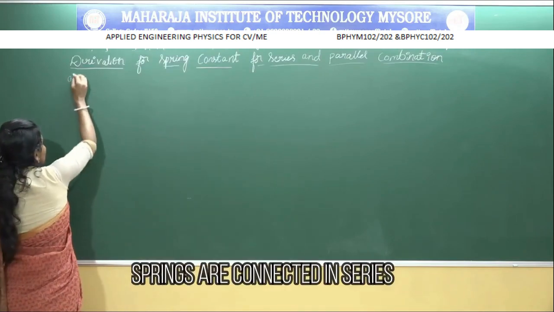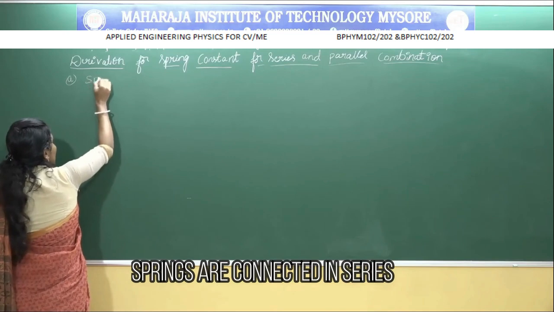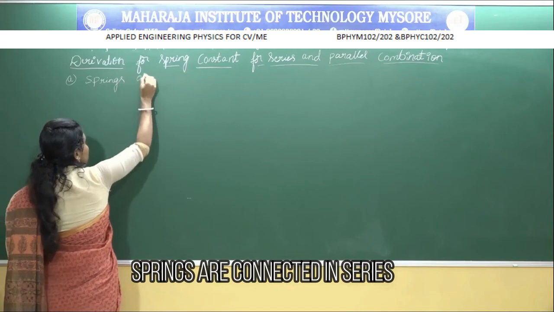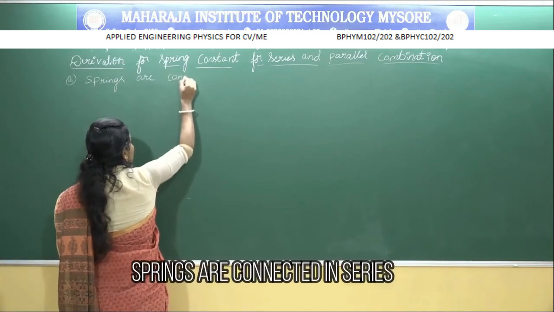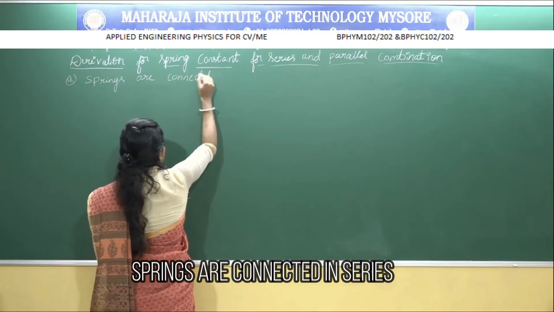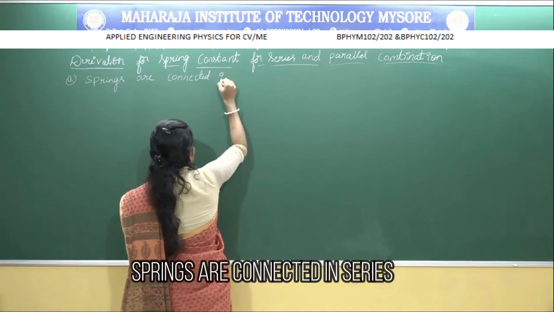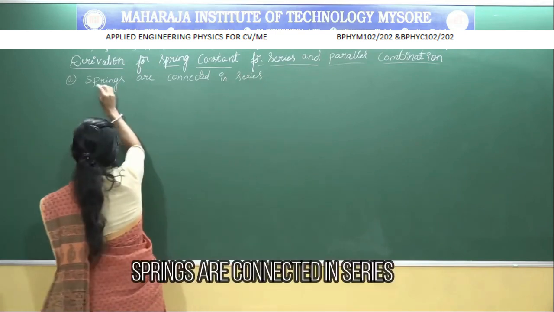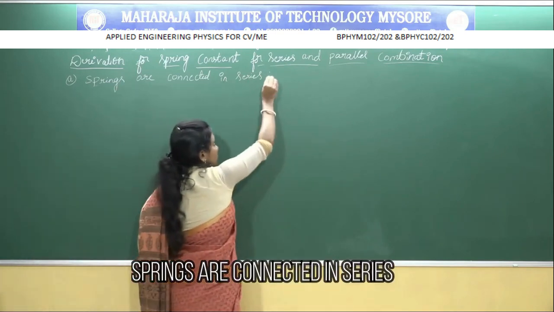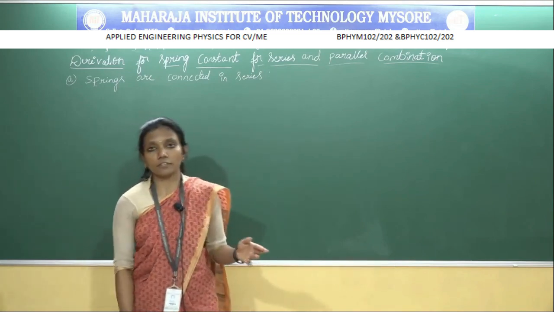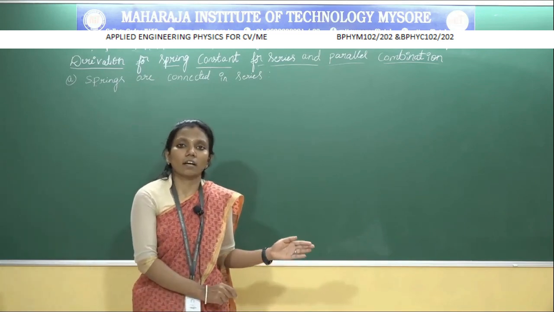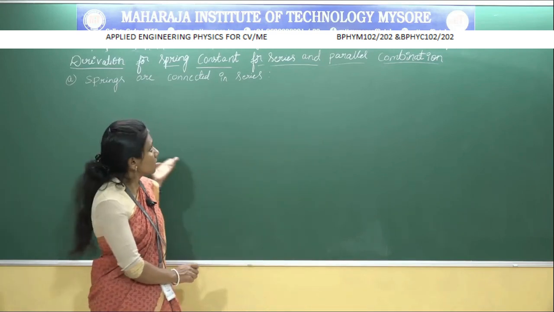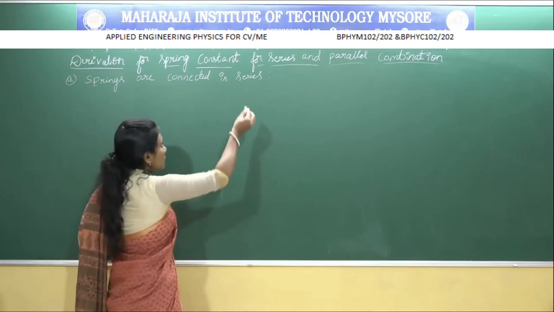First, springs connected in series. Let us find the spring constant when two springs are connected end to end.